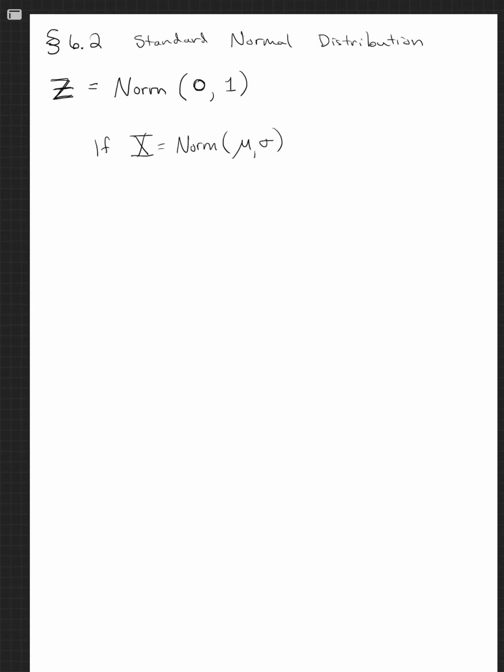So if x is some other normal distribution, it just has a mu and a sigma, and x is a value there, then z equals x minus mu divided by sigma.